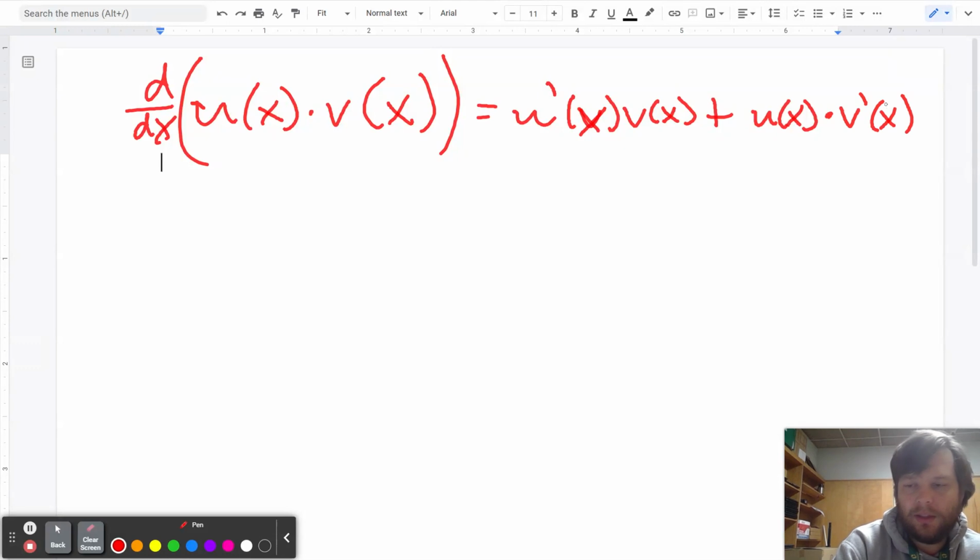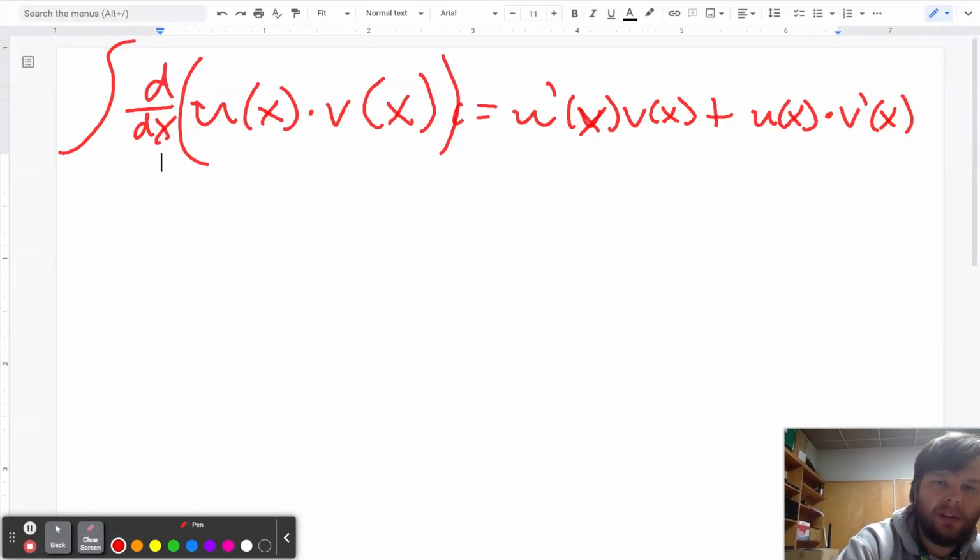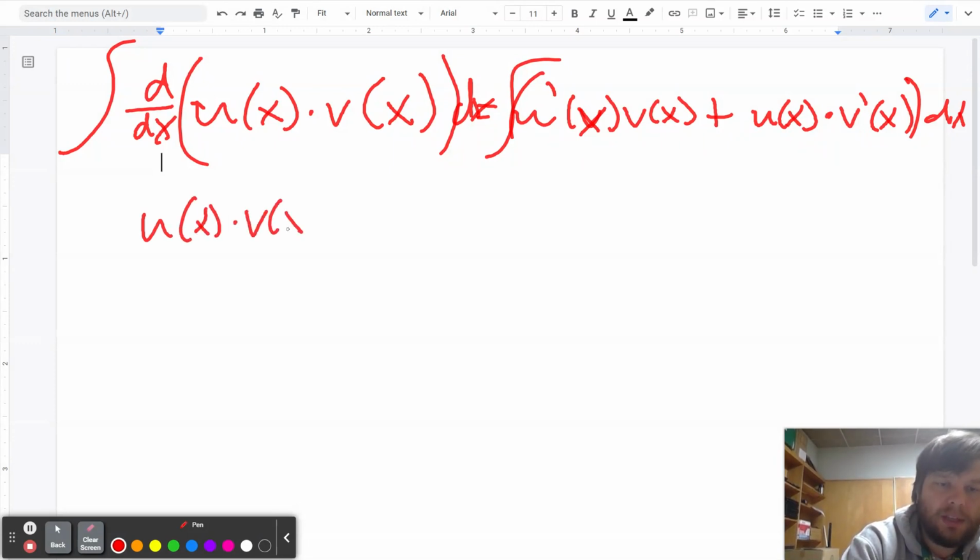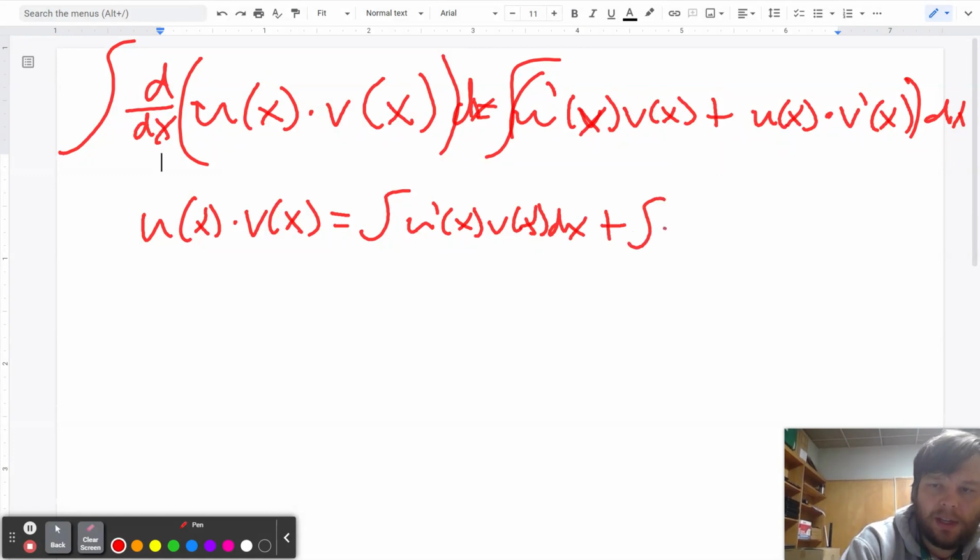And so in the fundamental theorem of calculus, we are allowed to use the integral to cancel out the derivative. So what I'll do is take the integral of both sides of this, and then I have that u times v is equal to the integral of u prime v, and I can distribute the integral to two separate pieces, plus the integral of u times v prime.